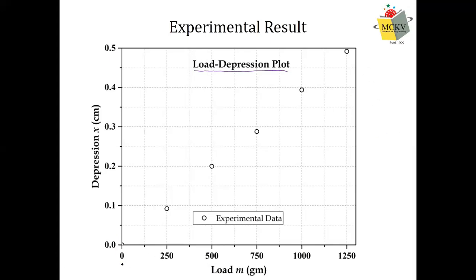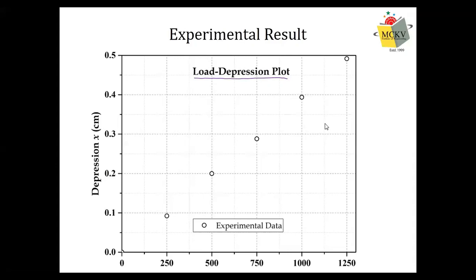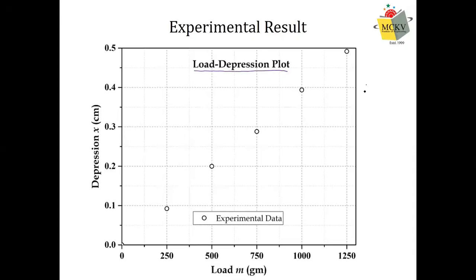Here you observe we are increasing the load with a particular interval of 250 grams, so it is easy to plot. We are not bothering about the load values because it is easy to plot. Therefore, we will place it in portrait mode, where along the x-axis there will be load, and along the y-axis will be depression. And when you specify the axis, don't write only M.